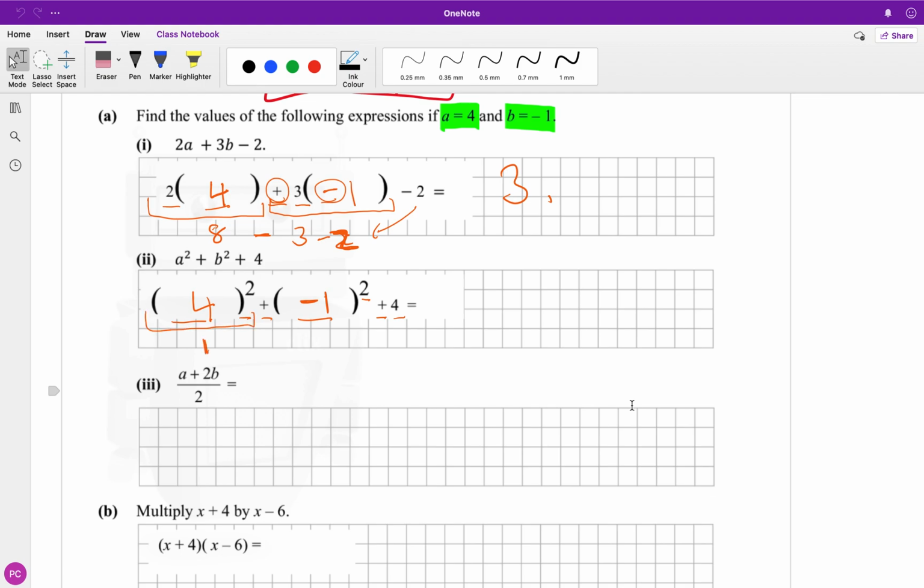That works out to be 16. Minus 1 squared is minus 1 by minus 1. So remember, whatever's in the brackets, it's by itself. So minus 1 by minus 1 is going to give us plus 1. Plus the 4, that comes down. So 16 plus 4 plus 1 is 21.